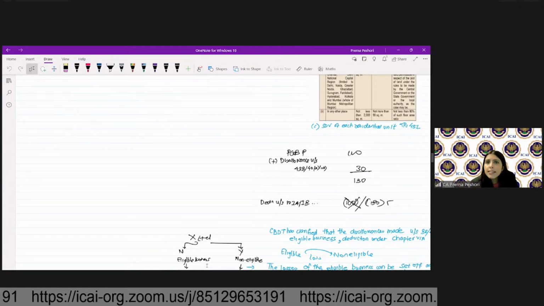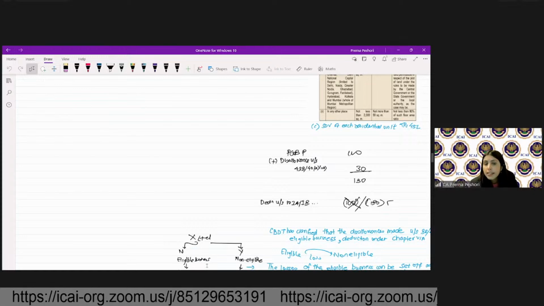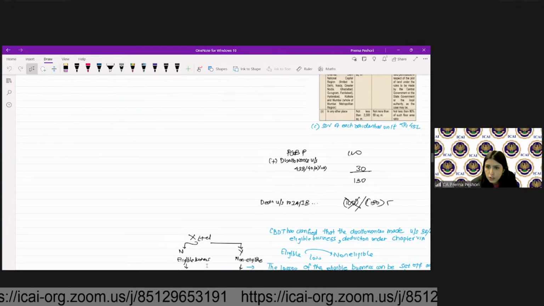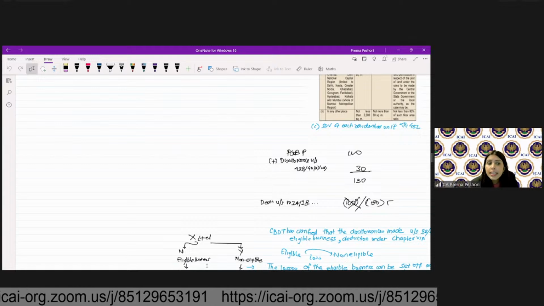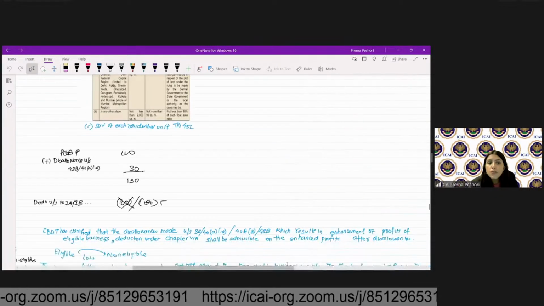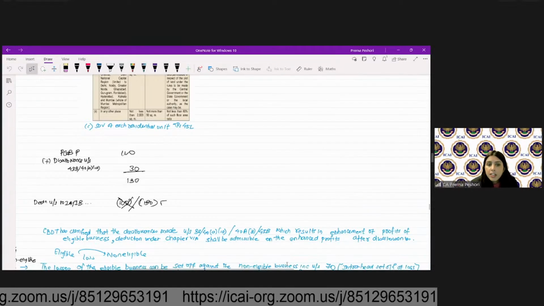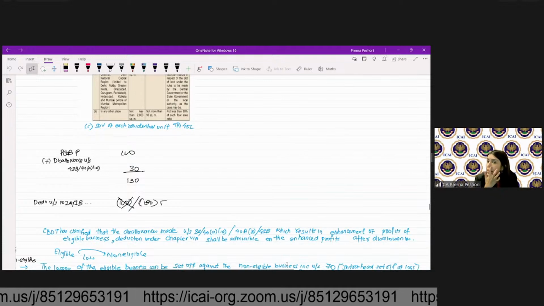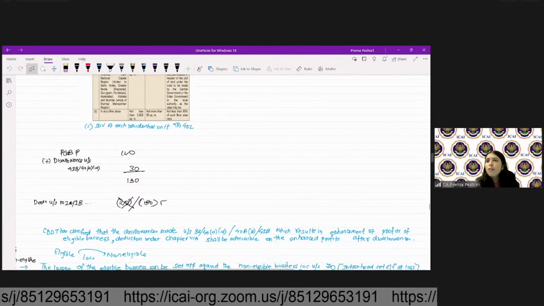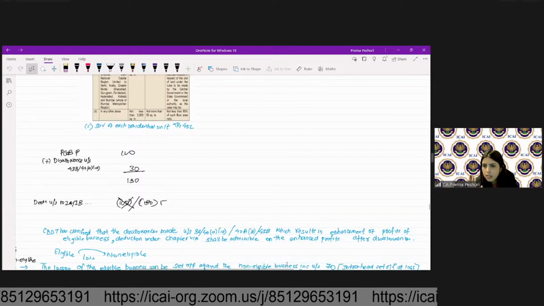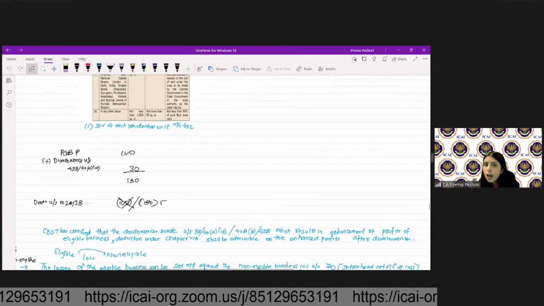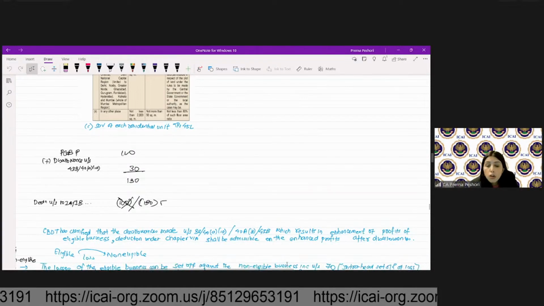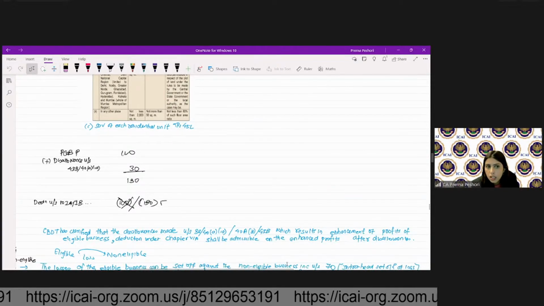So CBDT has clarified in this respect that the disallowances which are made under any of the sections which result in the enhancement of the profits of the eligible business, then deduction under Chapter VI-A shall be admissible on the enhanced profits after the disallowances. The deduction will be available on the enhanced profits after the disallowances and not prior to the disallowances.